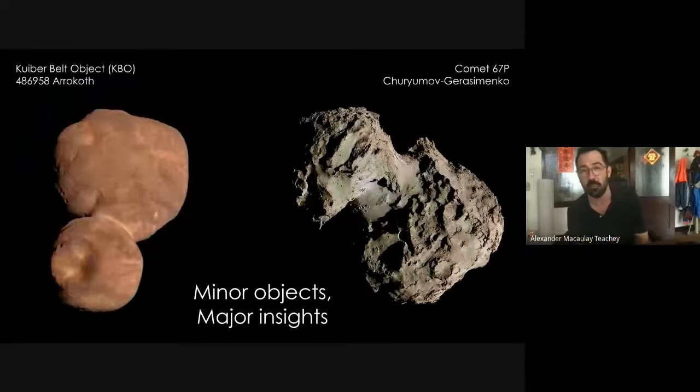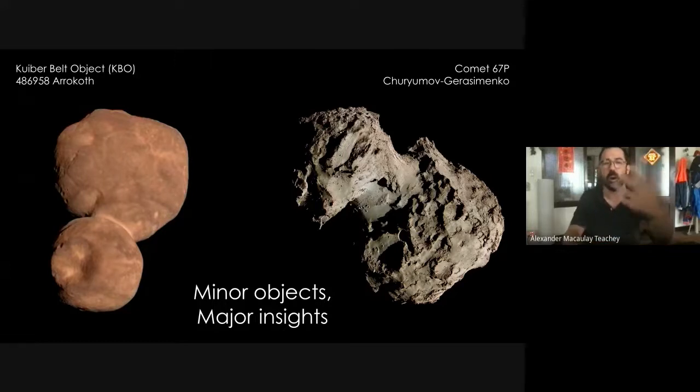Fortunately, they extended that mission, so it has now observed a second object and is going on to observe yet another. This object here, called Arrokoth, has this long phone number here. Arrokoth, very, very far out there, obviously beyond Pluto. And I've set it next to this object, Comet 67P, also called Churyumov-Gerasimenko.